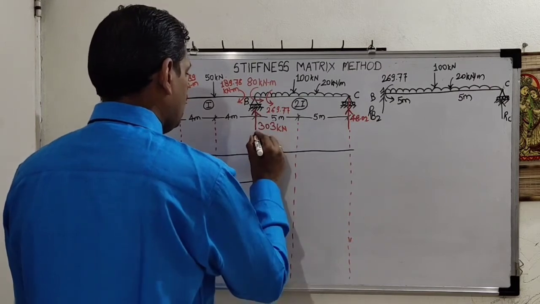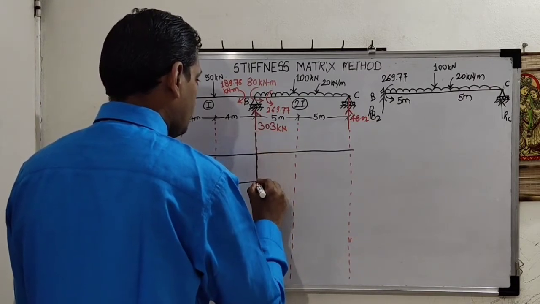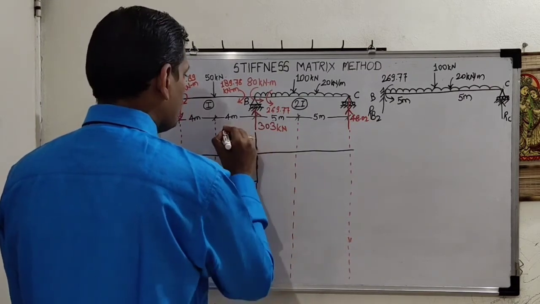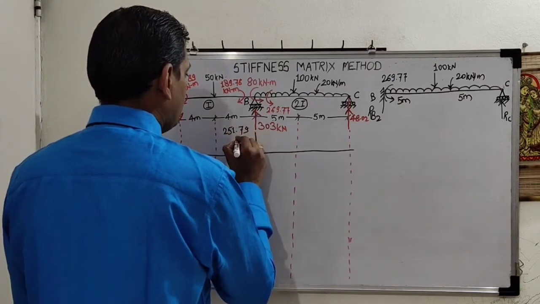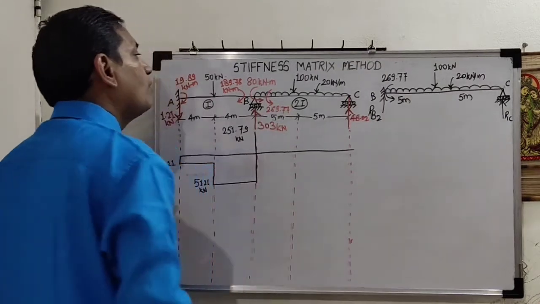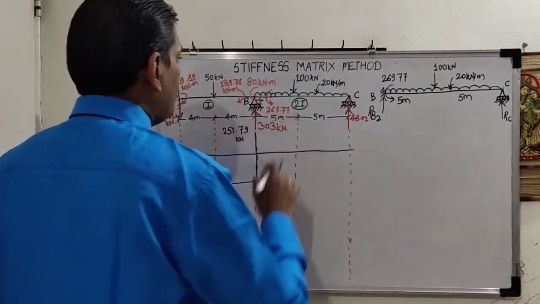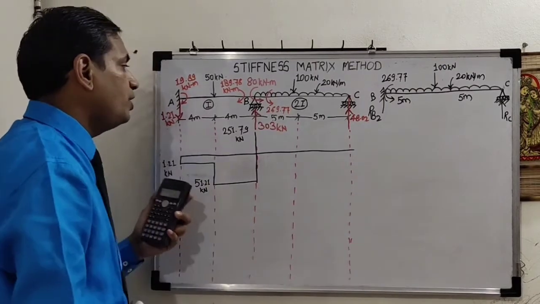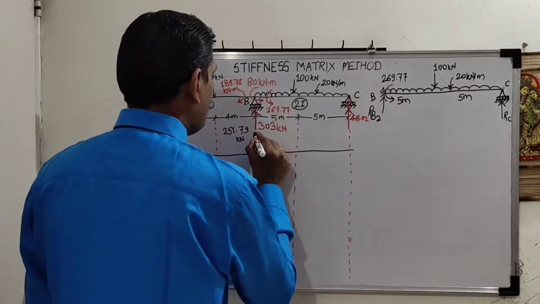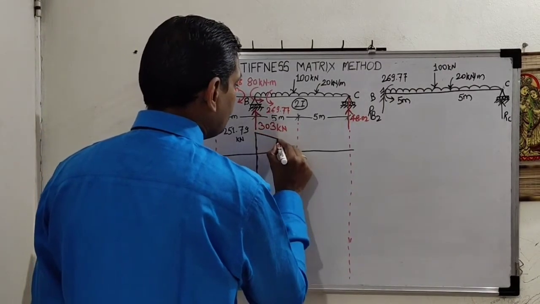Yes, so I will try to draw proportionately 251.79. From this, now I will subtract 20 into 5, so 100. So it will be 151.79.